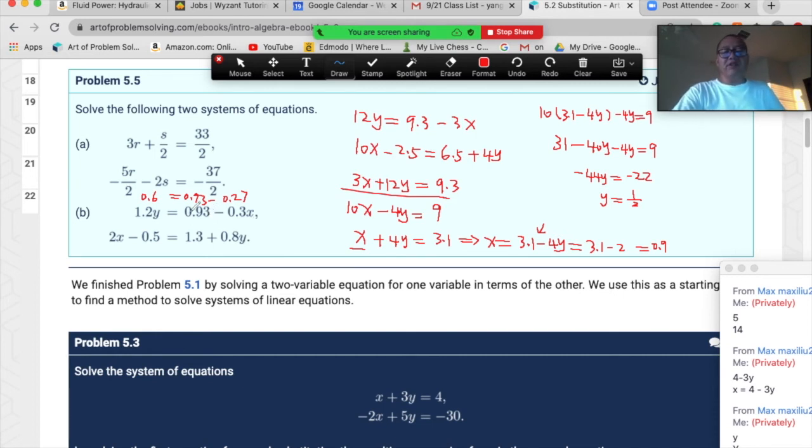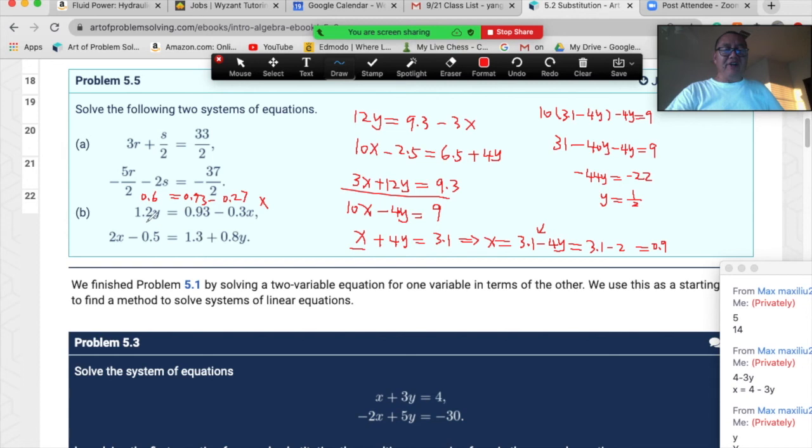So this one, 0.93 minus 0.27. So looks like this one is not right. It's wrong, right? Cannot get 0.6 here. So that means where did we do it wrong? We need to double check.